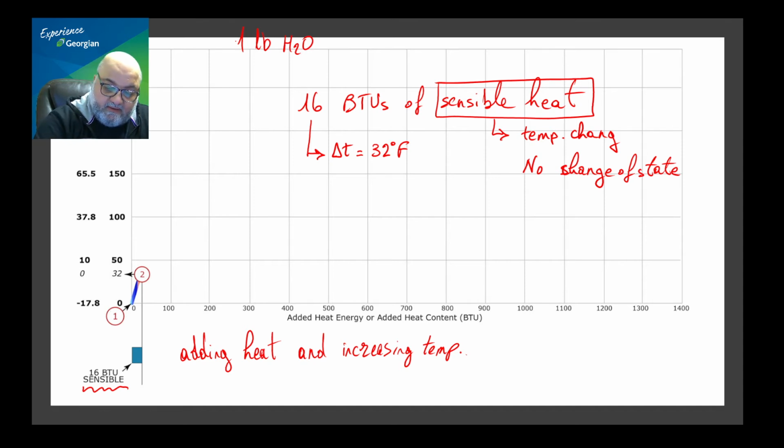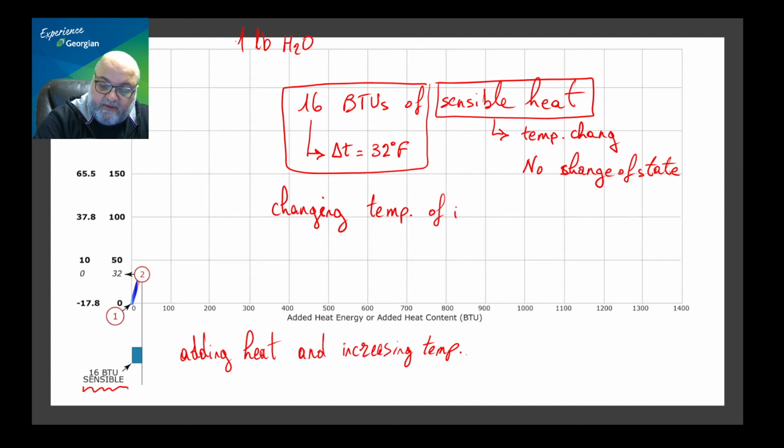You can see how changing the temperature of ice 1 degree Fahrenheit requires half a BTU.